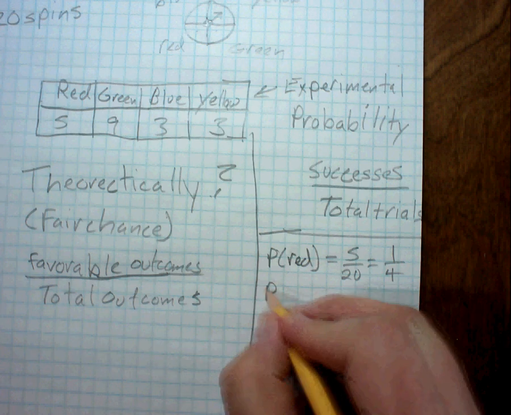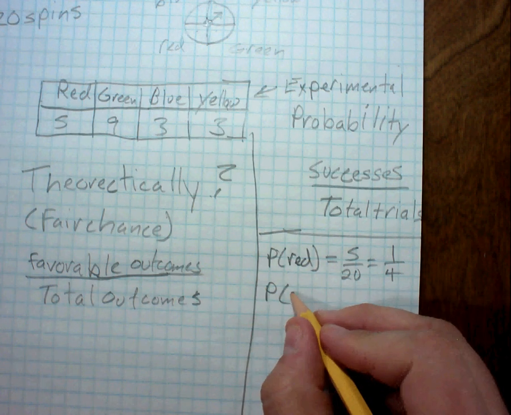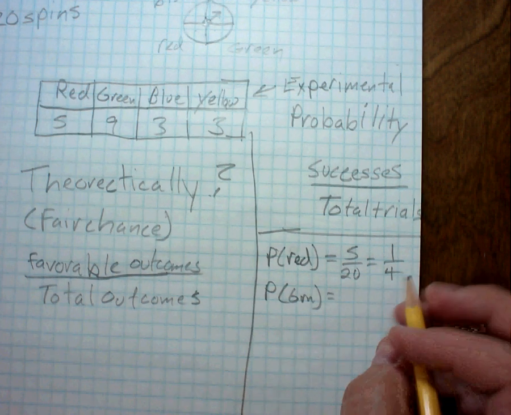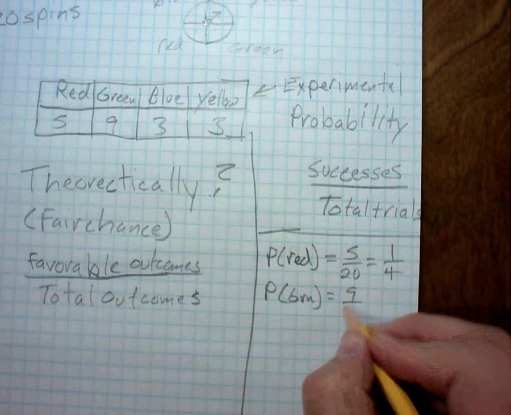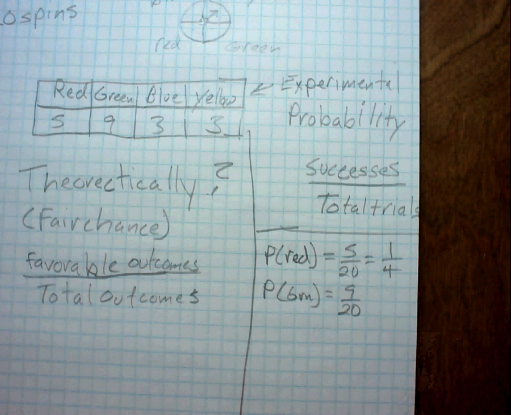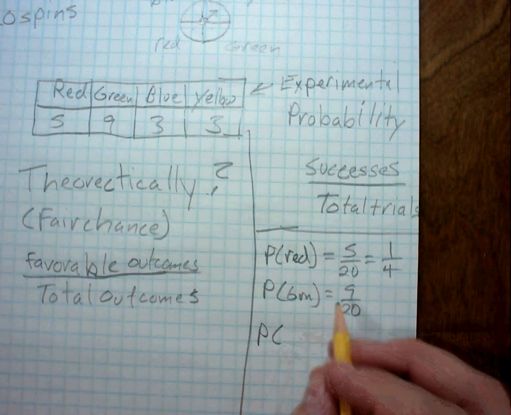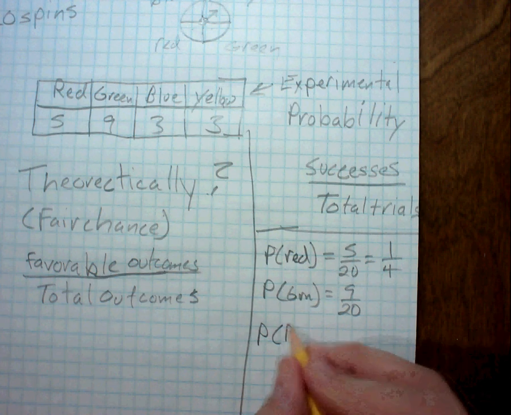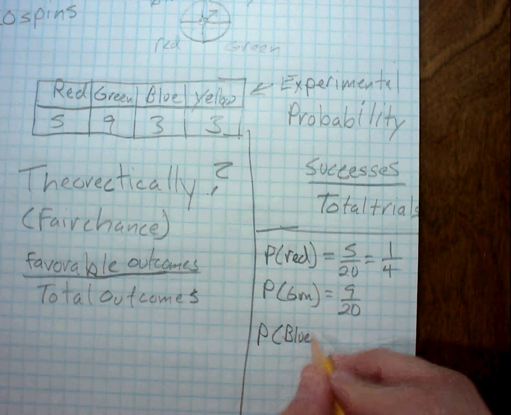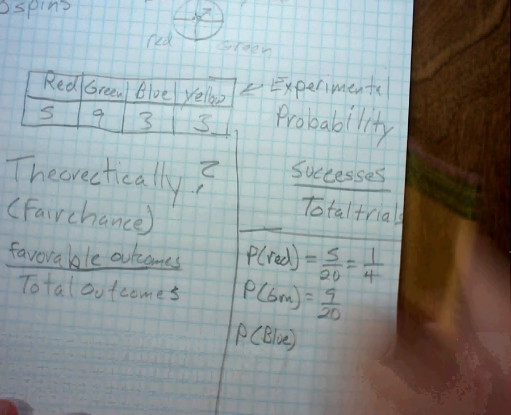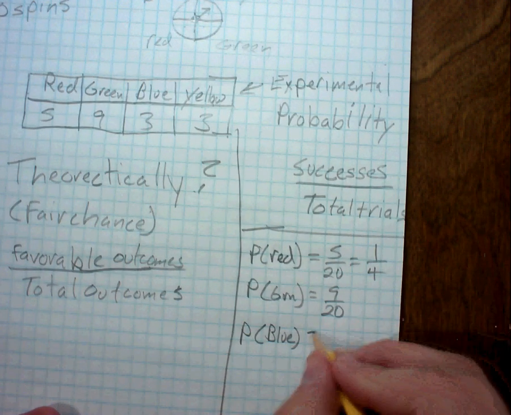Now the experimental probability of green is equal to 9 out of 20, and we can't reduce that one anymore. The experimental probability of blue is equal to 3 out of 20.